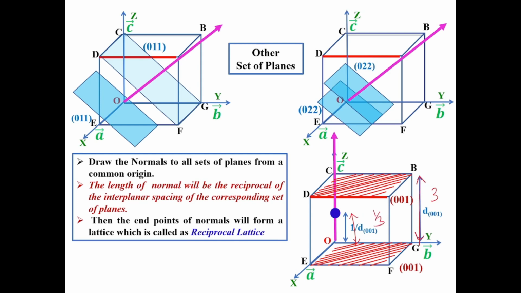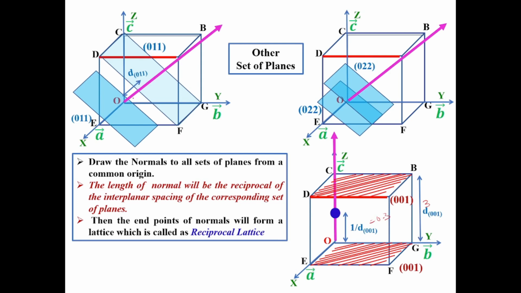Okay. Now we are going to consider this distance. This distance is obviously less than that of D001. The interplanar spacing between the 0, 1, 1 set of planes, D011, is lesser than this D001. So obviously the reciprocal of this one will be greater than that reciprocal. If this value is 3, its reciprocal is 0.3.